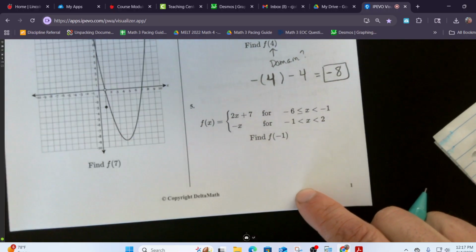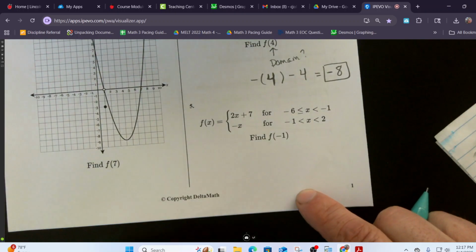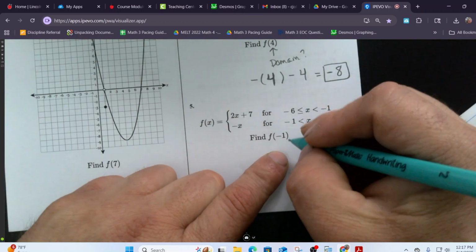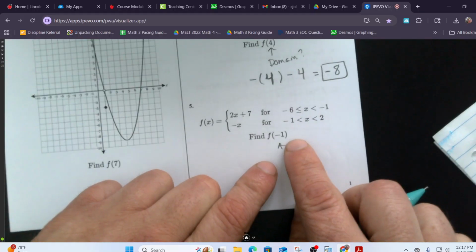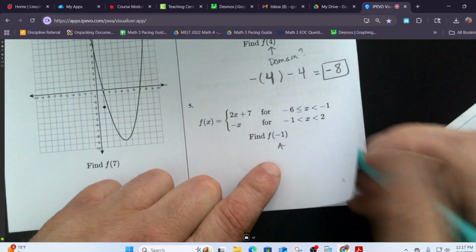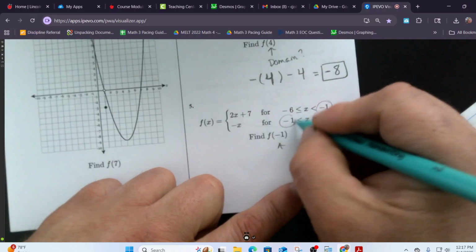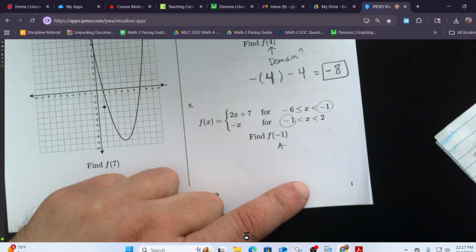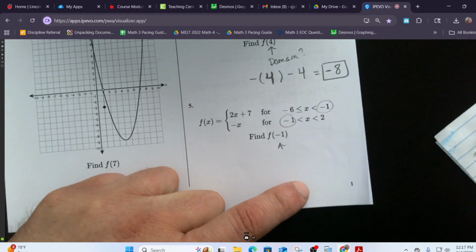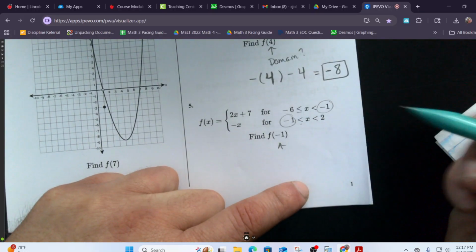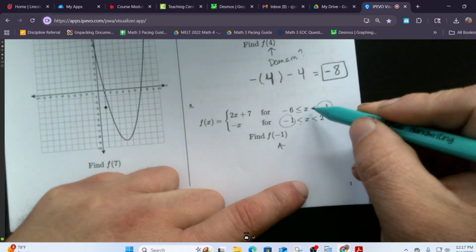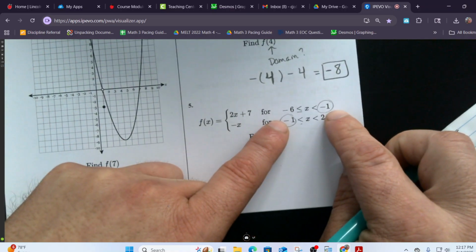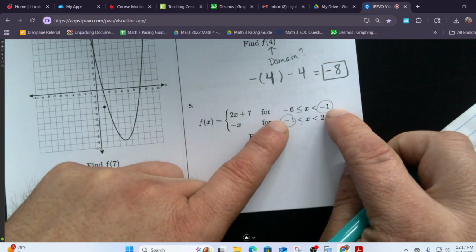Okay, for this one, looking at this x value, notice it shows up here and here. Well, the problem is this one's not equal to, this one's not equal to. So what that means is that -1 is not included in these two domains.